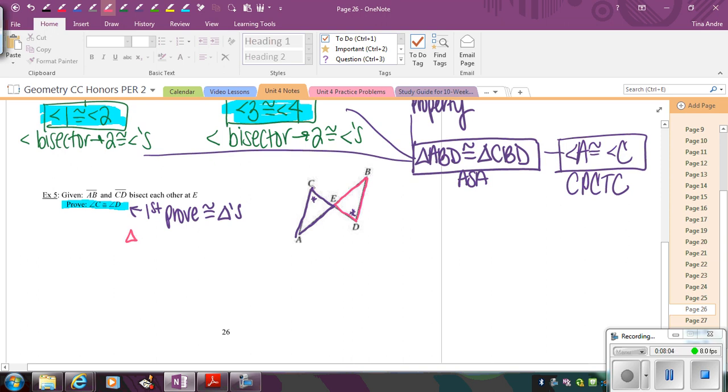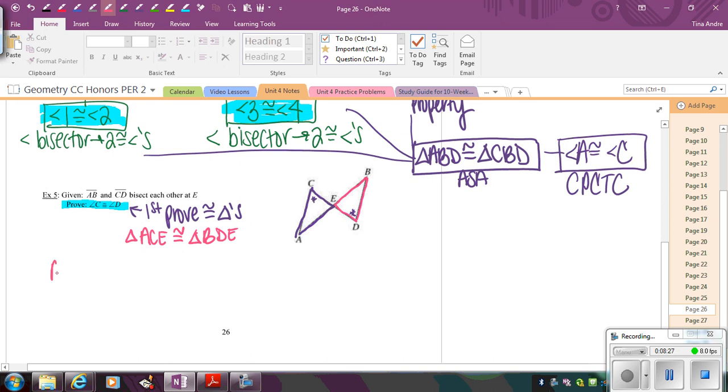So let's look at the order of the letters here. It's going to be ACE is congruent to B, because D and C correspond, so B, D, E. So there's where I need to go. And before I do that, let's go ahead and mark our givens and work on getting those triangles congruent. Then I can use CPCTC.